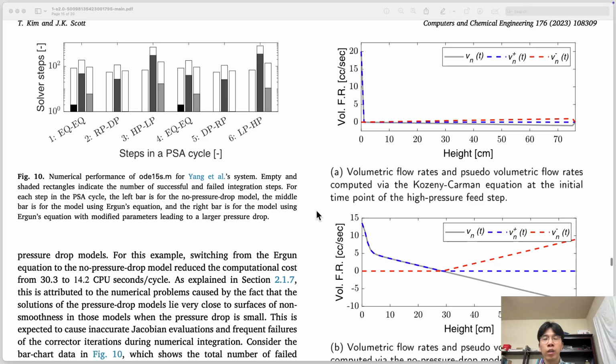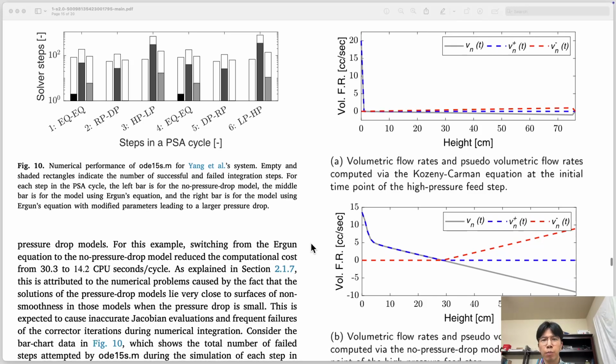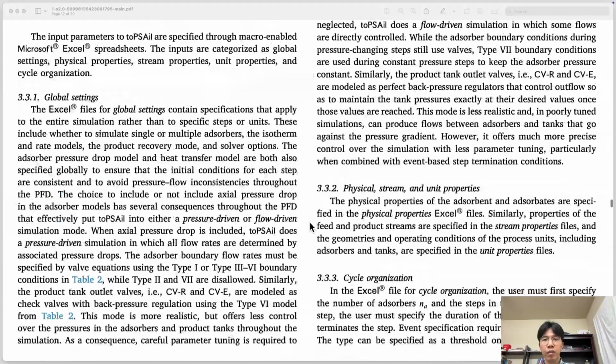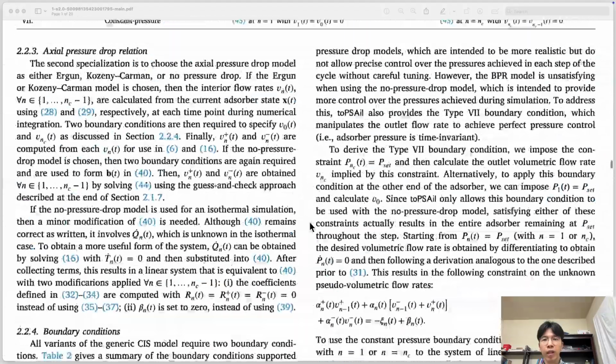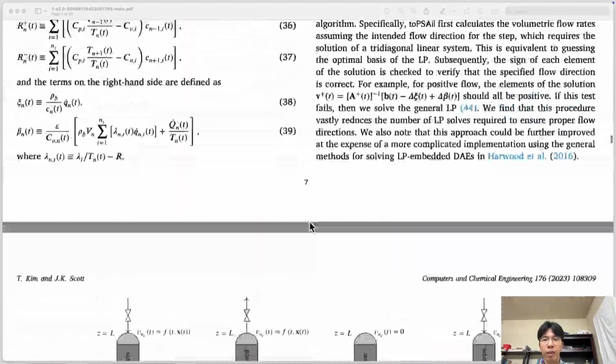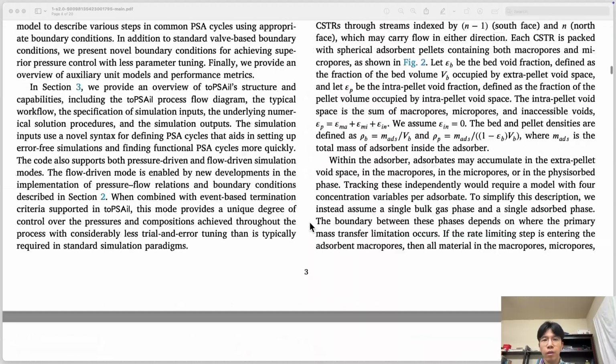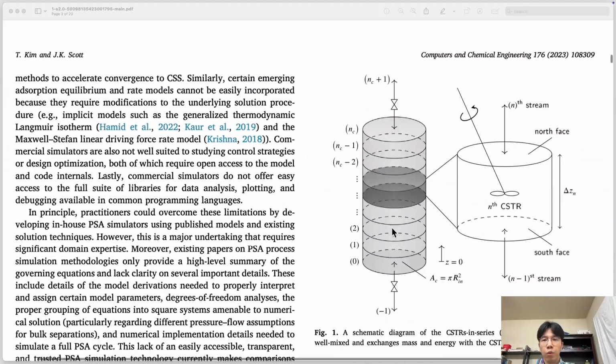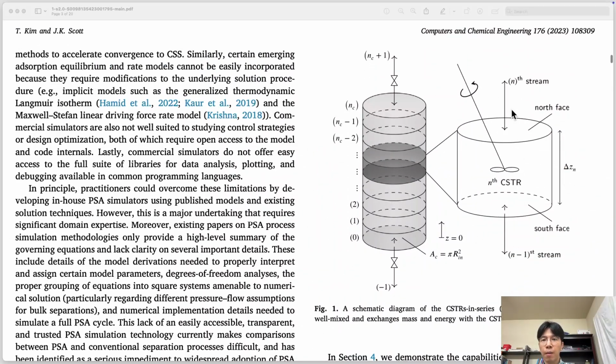Traditional PSA models are not that robust in terms of flow direction flipping during the simulation, because flow direction is such an important concept here. Because when flow direction switches, I can illustrate this in our CSTRs, right? So when flow is going from the bottom to top, material from the bottom CSTR goes into the N CSTR, and material in the N CSTR goes out to the N+1 CSTR, right?